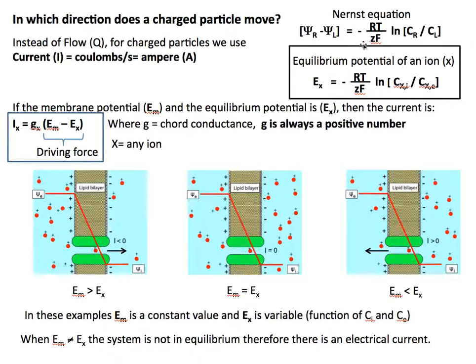So if you remember from the Nernst equation, this tells you the voltage you need in order to have zero flux given the concentration difference inside and outside, or left and right. So here, R, T, F are just constants, and Z is the valence number of the ion. So it can be like +1, +2, -1, something like that.